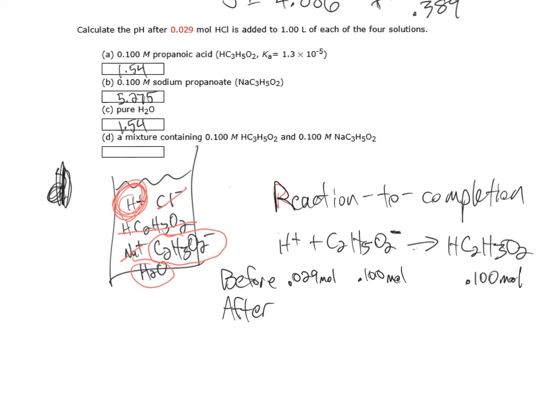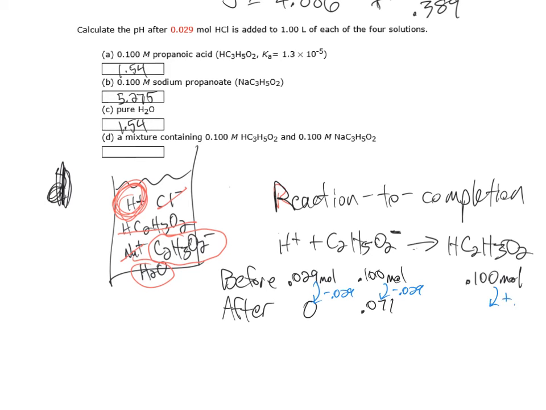One of the two reactants will react all the way down to 0. And in this case, it's going to be hydrogen. The propanoate ion is going to go down by the same amount, down by 0.029. That gives you a final number of moles of 0.071.